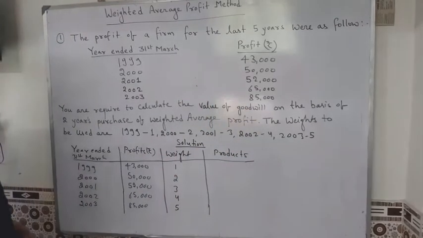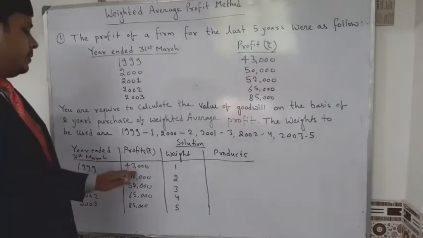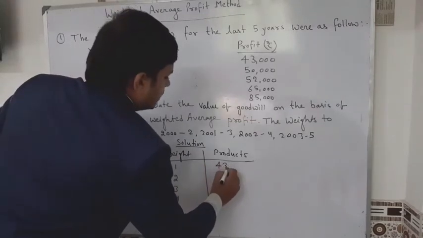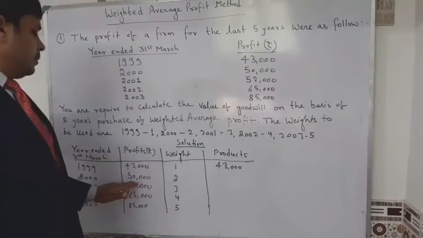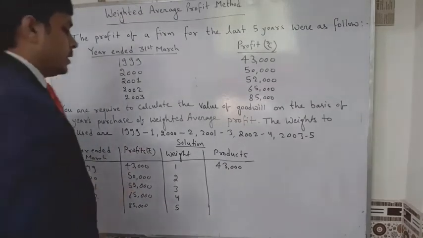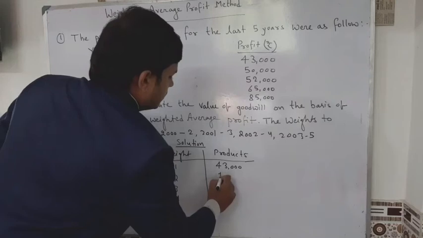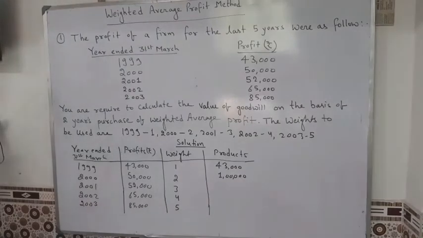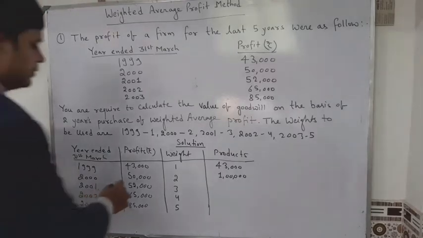Products: how will we calculate? We will just multiply. 43,000 into 1 is 43,000. 50,000 into 2 is 1 lakh. In this way you will multiply. 52,000 into 3 is 1 lakh 56,000.